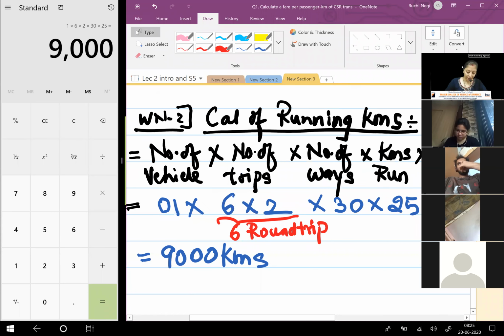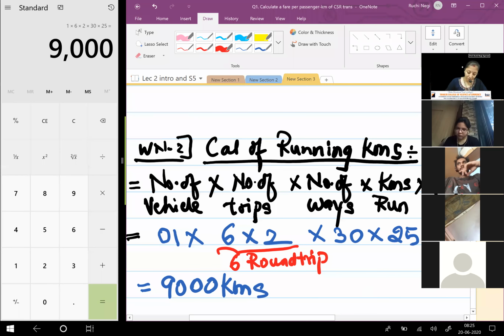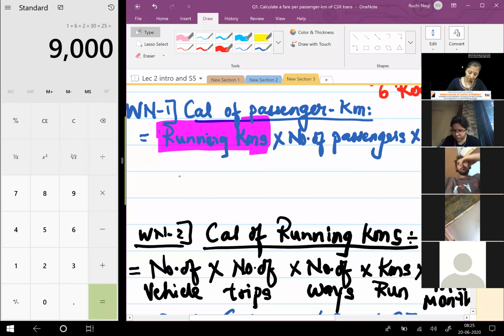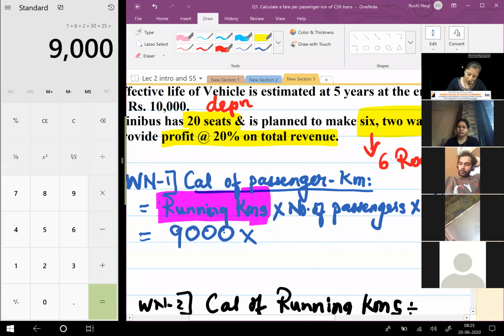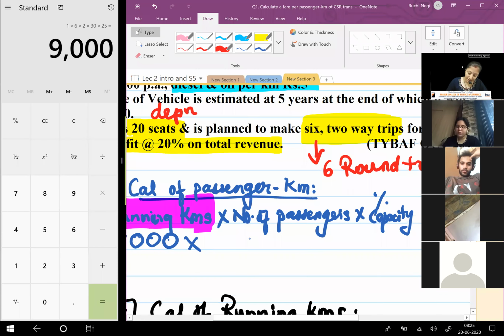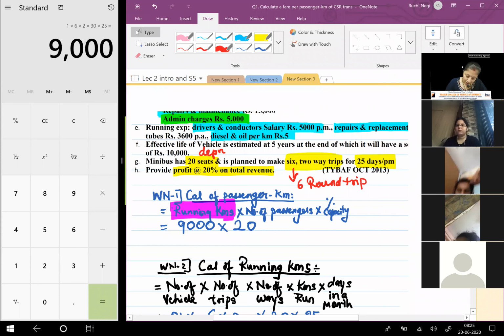Fine. Substitute this value here. 9,000 kilometers multiplied with number of passengers. So number of passengers is how much? Minibus has 20 seats. Okay, so 20.